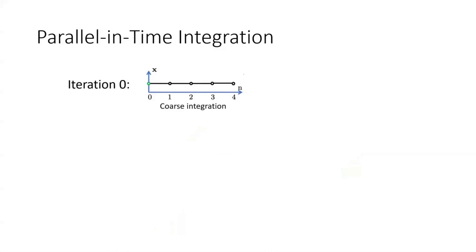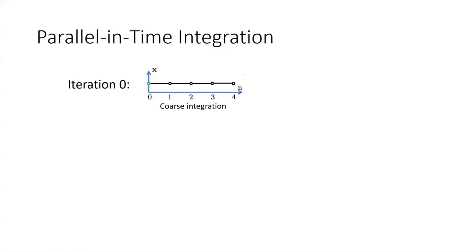Imagine the situation is numerical integration, right? On the horizontal axis is your time horizon over which you integrate. You are trying to take steps into the future to see how your system is evolving over these time steps. In this method, at the beginning, we start with the coarse integrator, the cheap but inaccurate one.